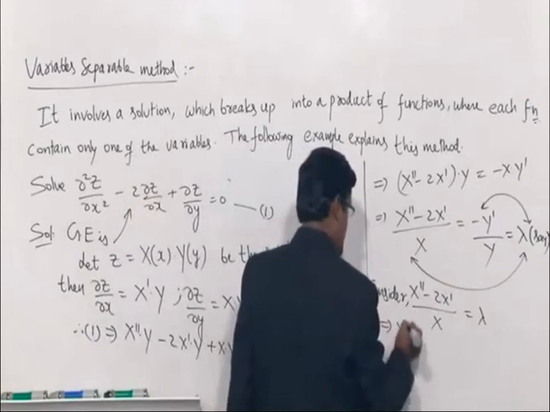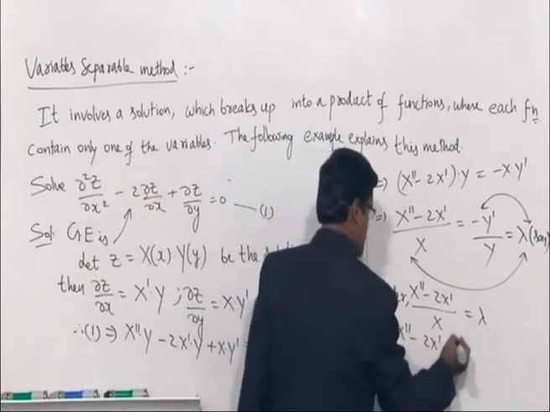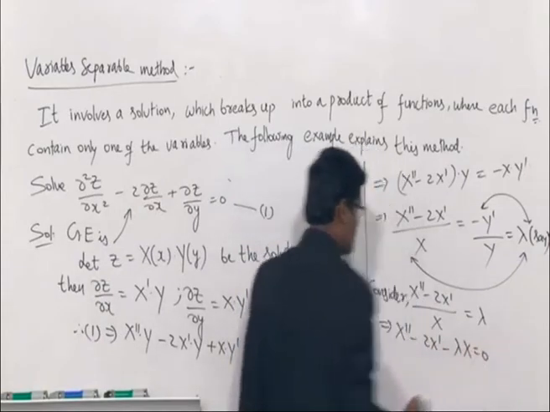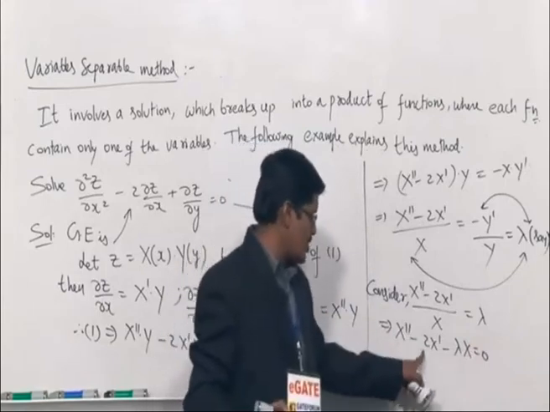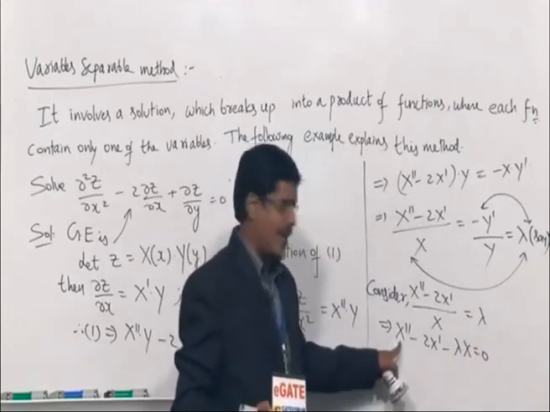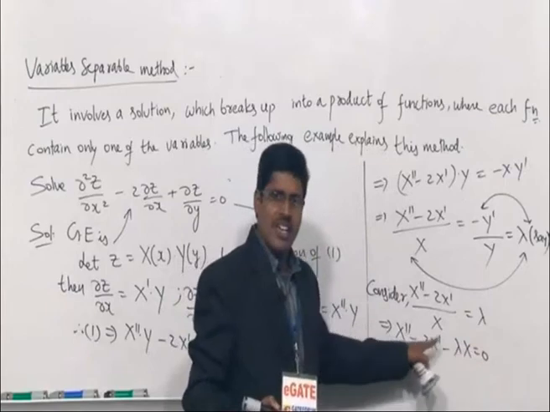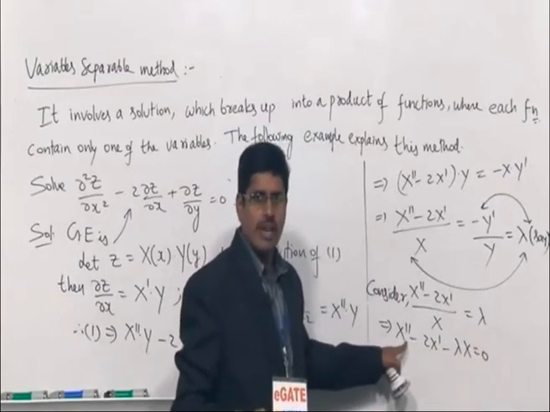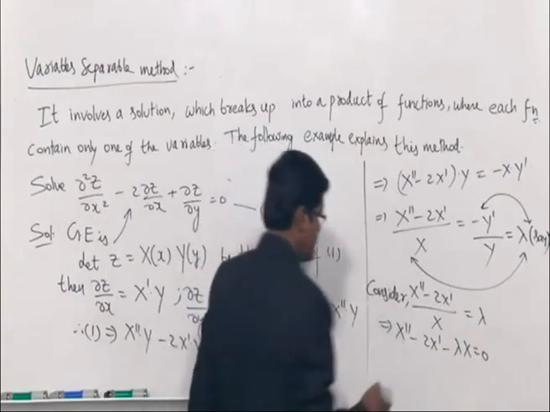This can be written as X double dash minus 2X dash minus lambda times X is equal to 0. Here lambda is a constant, 2 is a constant, and this is the second derivative with respect to x. It is a linear differential equation with constant coefficients, which we have solved before this.